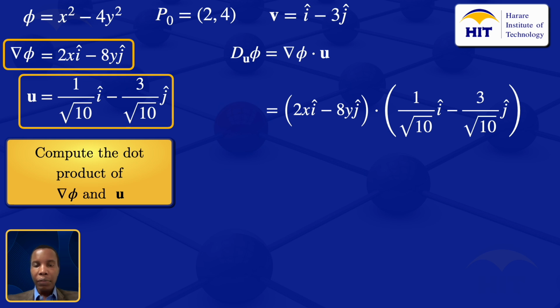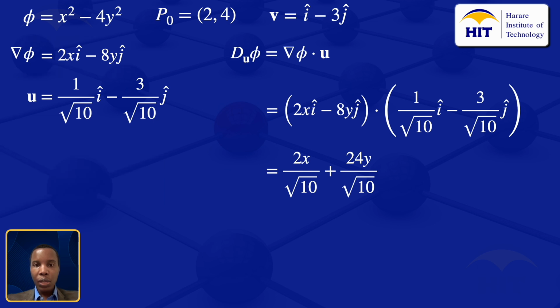When taking the dot product, we multiply the corresponding elements, then add. What we have is 2x times 1 divided by root 10, plus 3 times 8 divided by root 10 multiplied by y. So the result is 2x divided by root 10 plus 24y divided by root 10. So that's our directional derivative there.